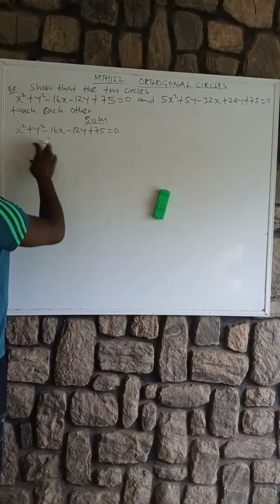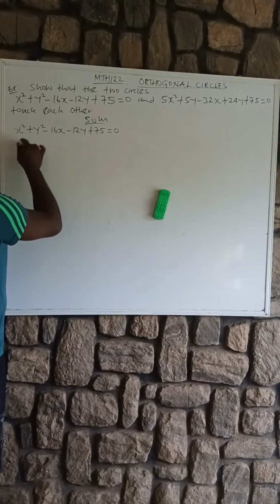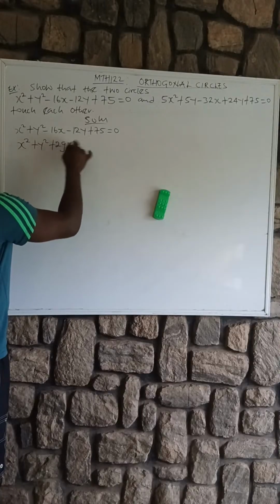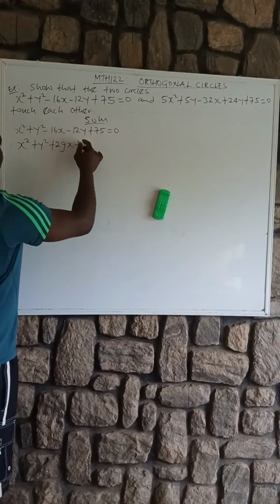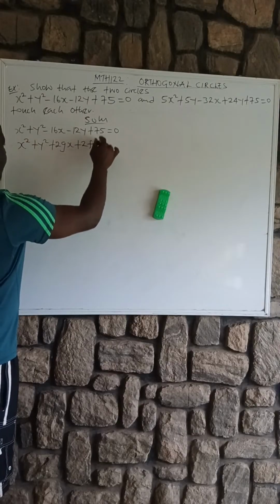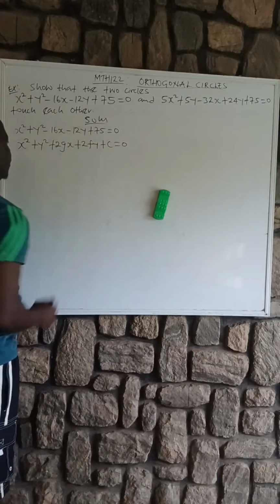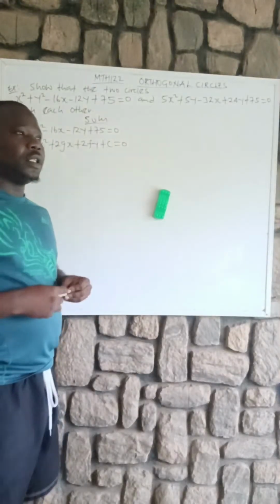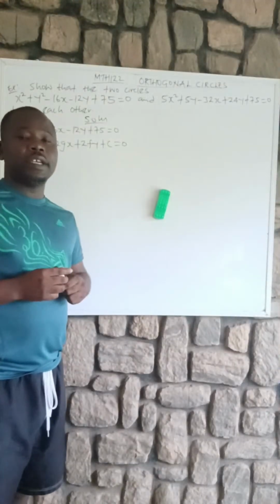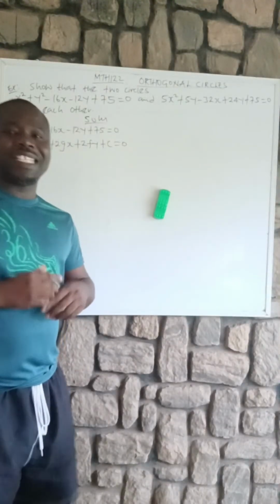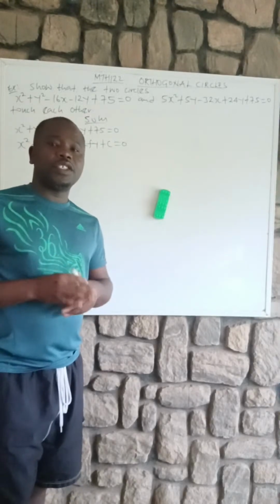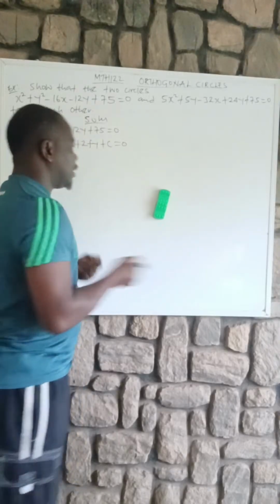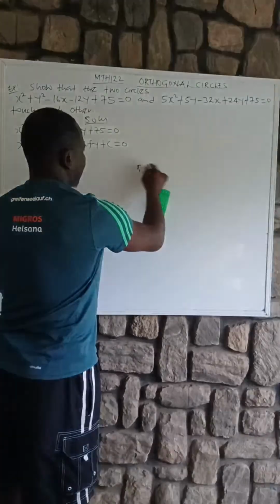With the equation of a circle, that is x squared plus y squared plus 2gx plus 2fy plus c equals 0, because the two circles that touch either internally or externally, one is talking about the sum of their radii, that is R1 plus R2.